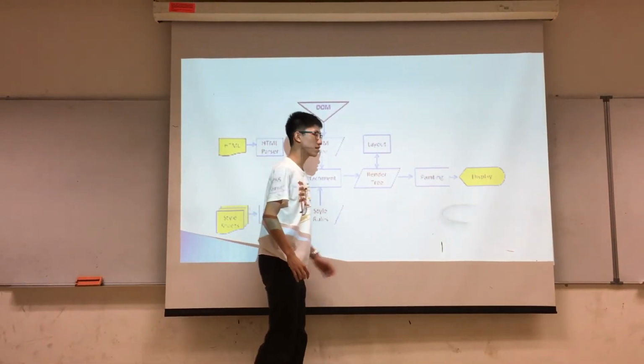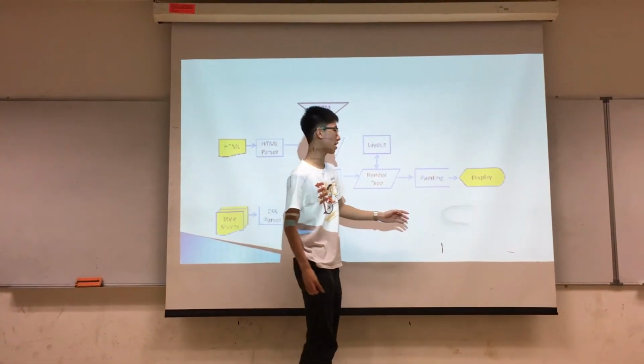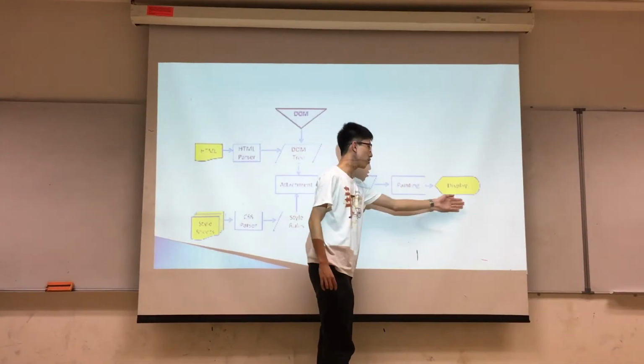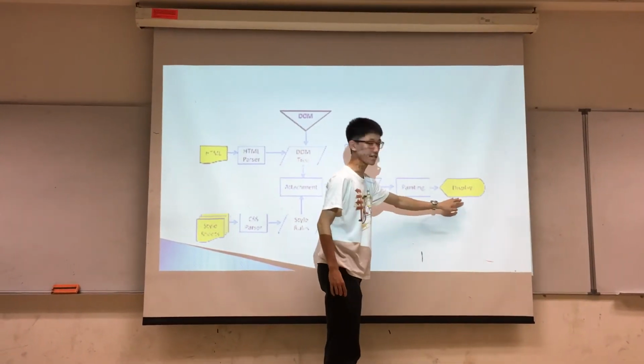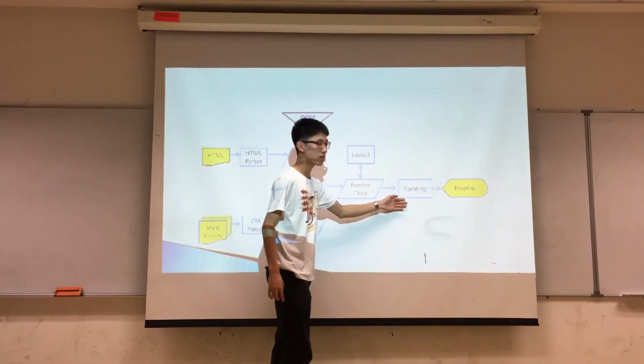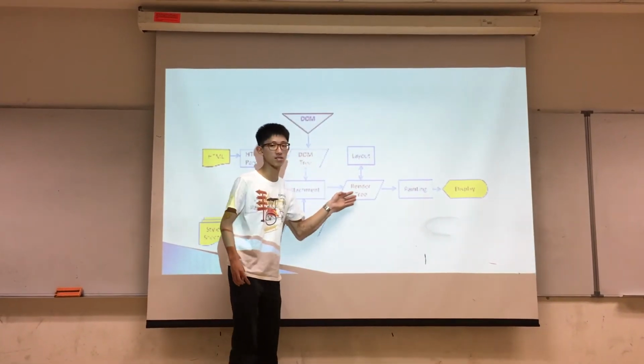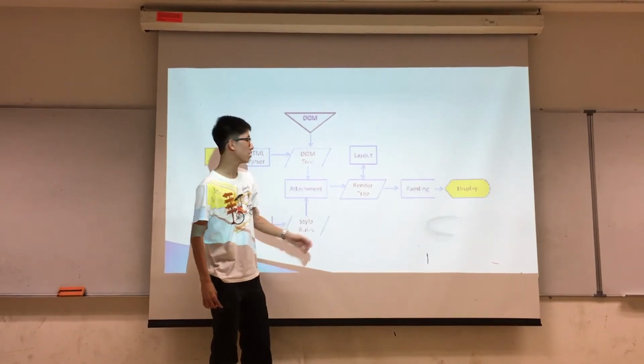Now, you have to understand the rendering process of a website. Before the website is displayed, the web browser has to actually paint the website, and before that, it has to render the whole website.